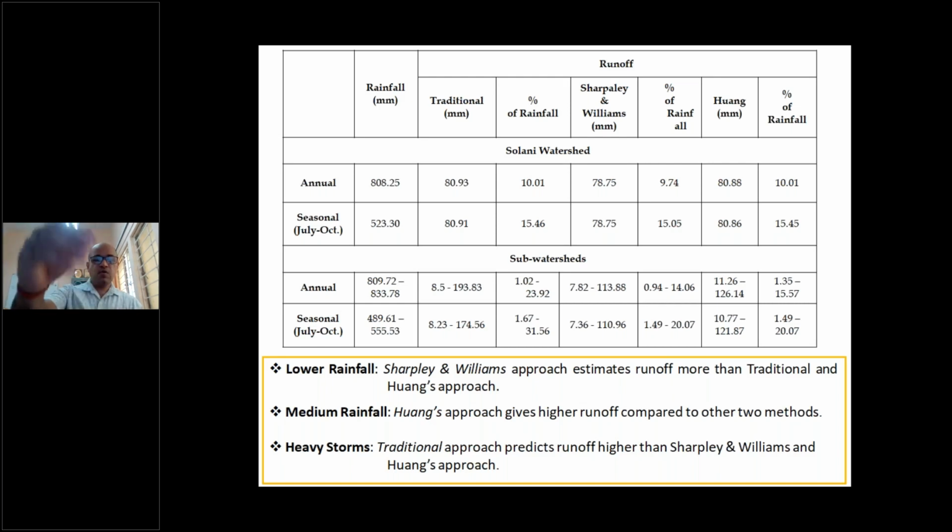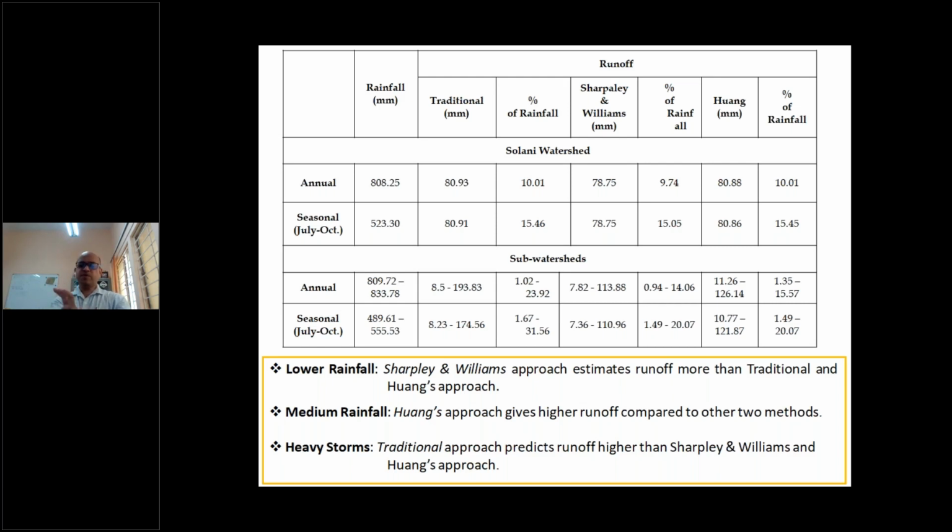this is for a watershed scale, but when we talk about sub-watershed scale, we could get good improvement. As you can see here on annual scale, the runoff coefficient was in the range of 1 to 23 or 24%, whereas after slope adjustment, the runoff coefficient for each sub-watershed has now ranged between 1.35 to 15.57%.